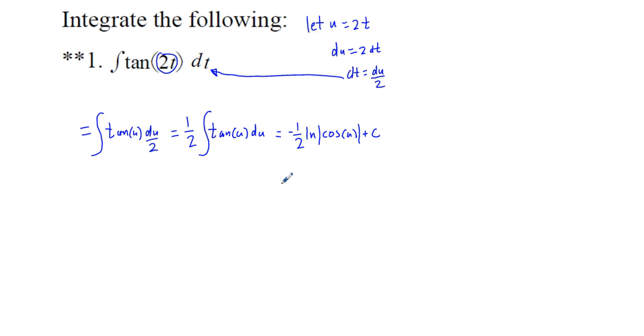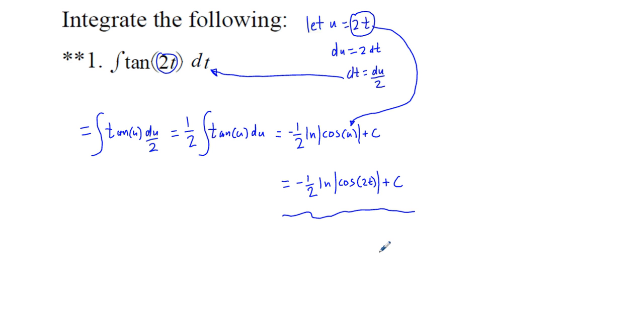So just working below here, we're going to take this u and bring this back here to reinsert, so we get negative 1/2 natural logarithm of absolute value of cosine 2t plus c, and that's going to be our answer.